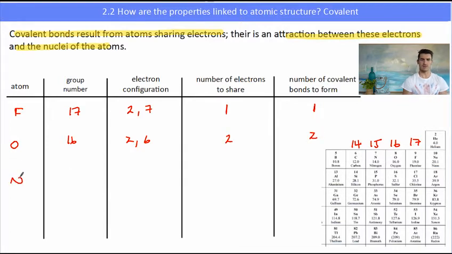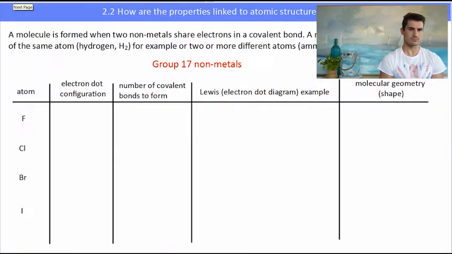Nitrogen with the electron configuration 2, 5, wants to share 3 electrons to have an octet, so it will have 3 covalent bonds. And carbon is the special one. Carbon has the electron configuration of 2, 4, so it wants to share 4 covalent bonds to make a full octet. So using the information about groups, we can work out how many bonds an atom has to have.